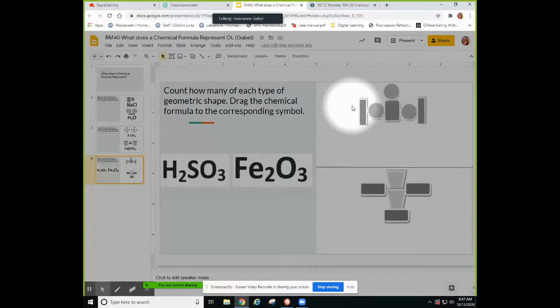So here we have H2SO3, Fe2O3. So this is 2 hydrogen, sulfur, and 3 oxygen. This one has 2 iron and 3 oxygen.